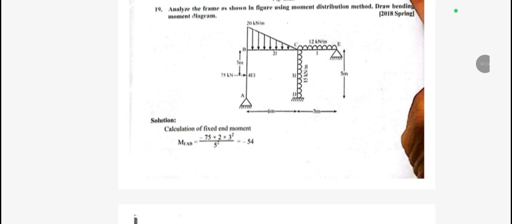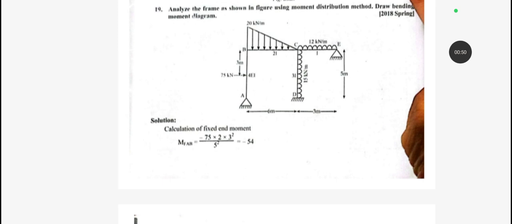In this question we're going to analyze this given frame, and we will discuss all the basic concepts of the moment distribution method with the help of this important question. If you can solve just this one question, then you can get all the knowledge regarding the moment distribution method. So listen carefully.